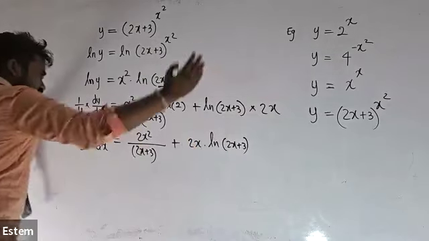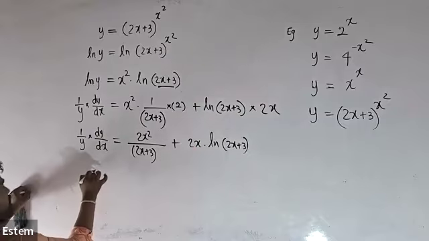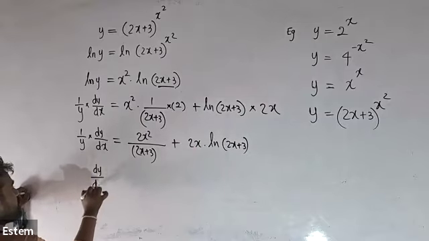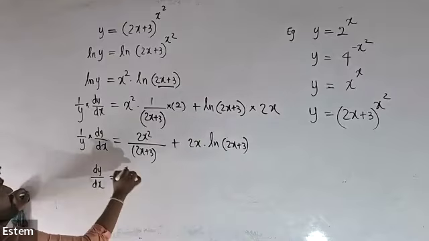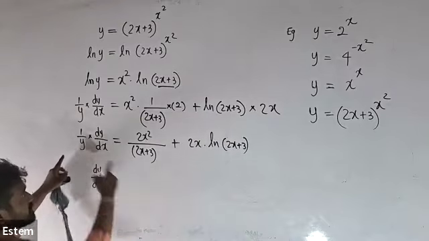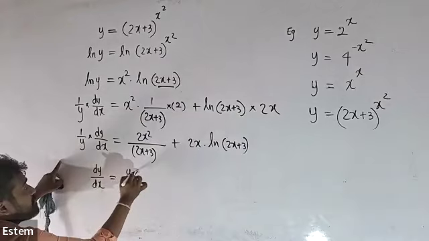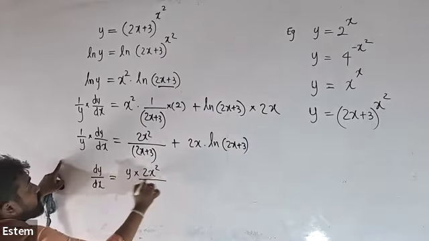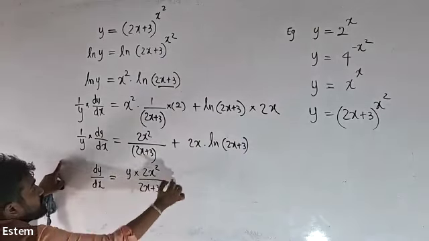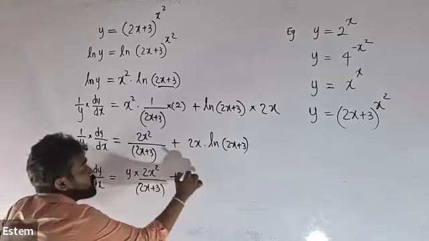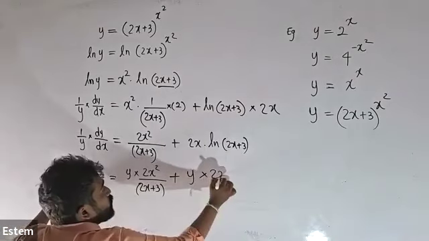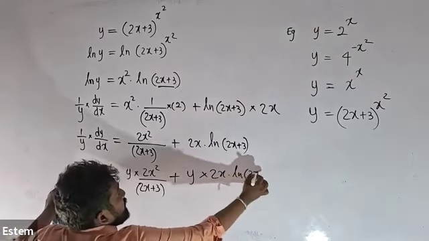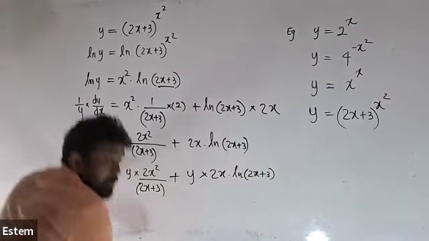We should multiply all of this by y, then we can take the value of dy over dx. We should multiply y separately by all of the things. 2x squared over 2x plus 3, and y should also be multiplied with 2x ln of 2x plus 3.